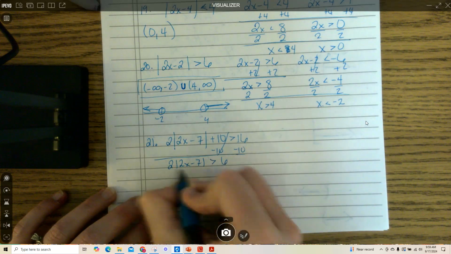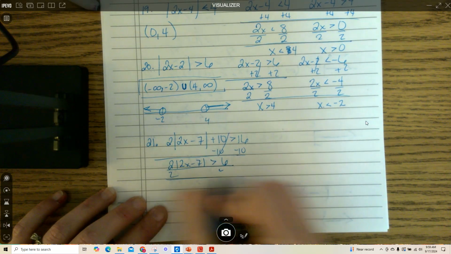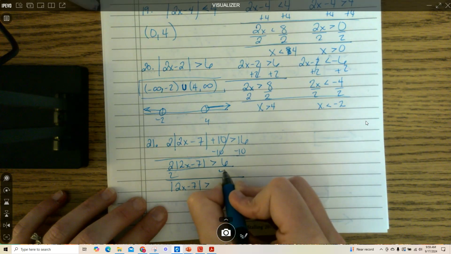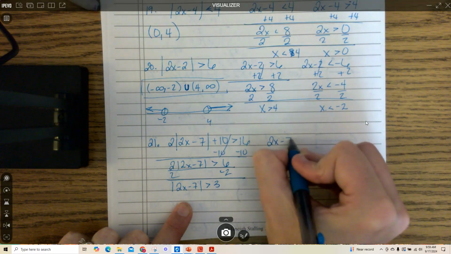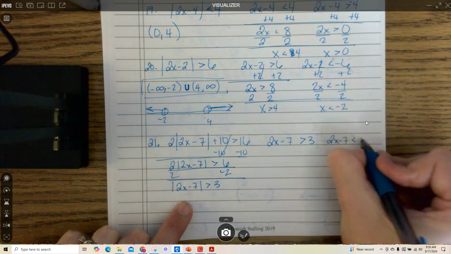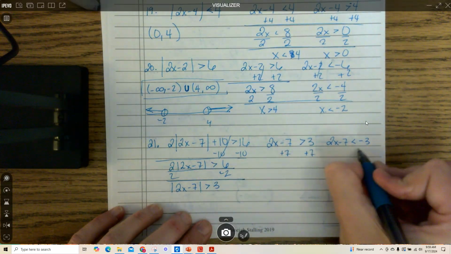So 6, and then we're going to divide everything by 2. Okay, so we would have 2x minus 7 is greater than 3, and then 2x minus 7 is less than -3.